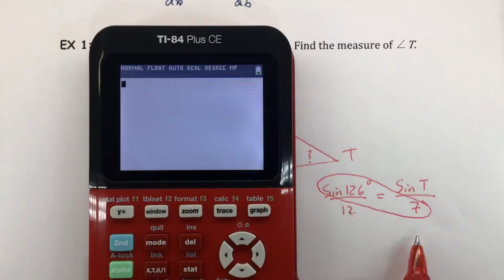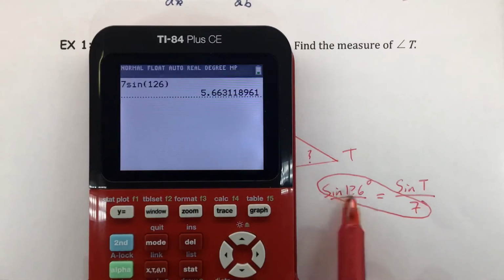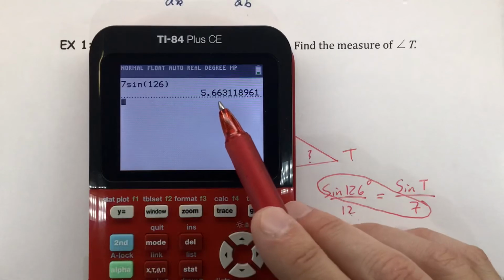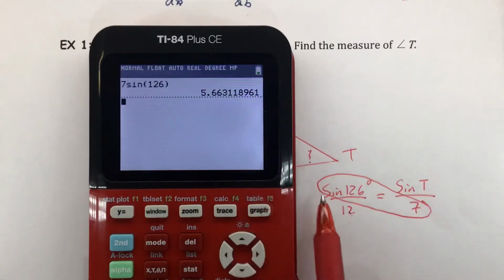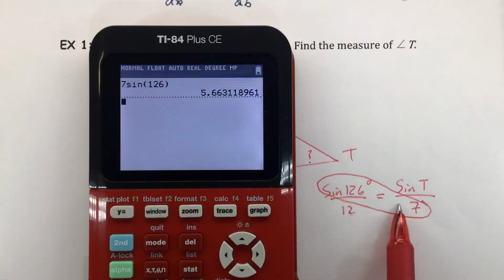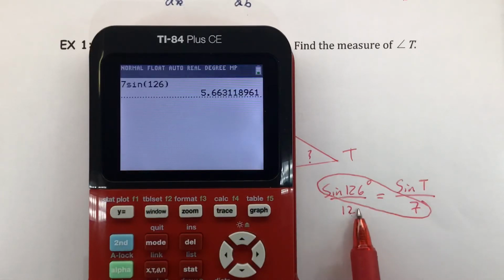All right, so to multiply these, the way that I do it in the calculator, I just type the regular number. So I just type the 7, and then I'll follow it up with the sine of 126. Okay, so that product is going to be 5.66, and so on. Now that number doesn't mean anything with respect to the picture. It's just a middle step that we have here. What we're going to do next is divide it by the 12.